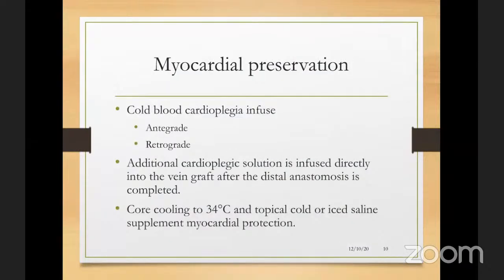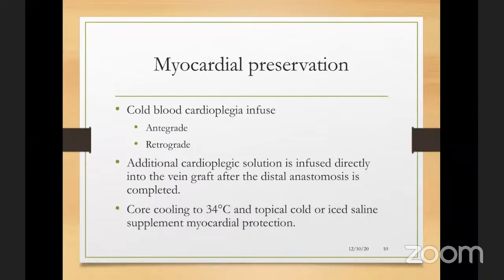Myocardial preservation can be achieved by cold blood cardioplegia infused antegrade, or retrograde in case of severe ostial occlusion that will prevent uniform cooling of the myocardium and make the distribution of the cardioplegia suboptimal.